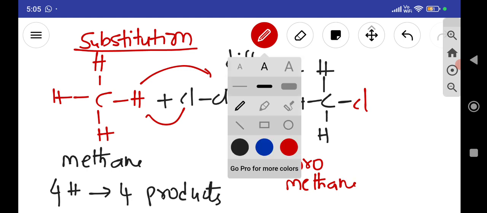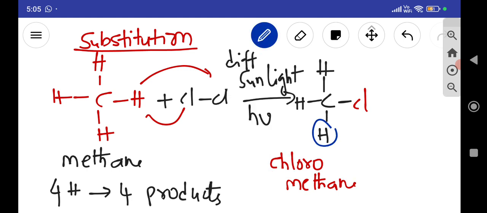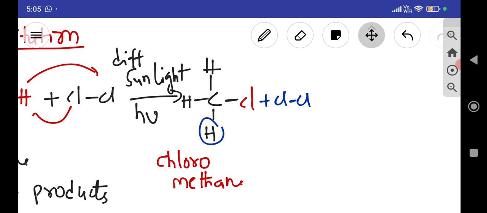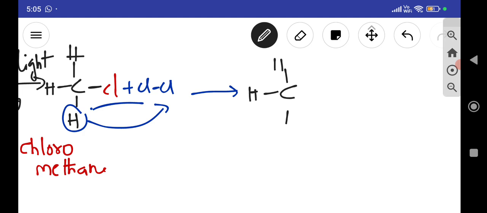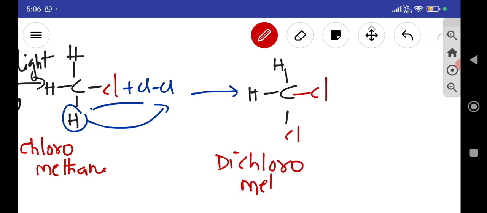Now consider that another H is being substituted with chlorine under the same condition. What you get? Second product, this H is being substituted with this Cl. So we can write hydrogens in black, new added atom chlorine in red. So this is called dichloromethane. Still we have 2 more hydrogens.